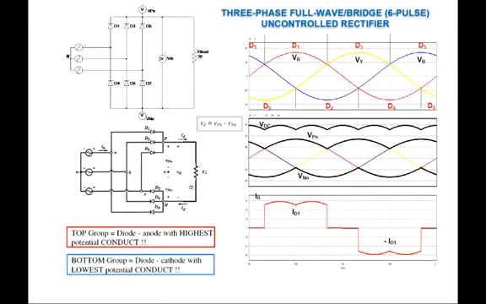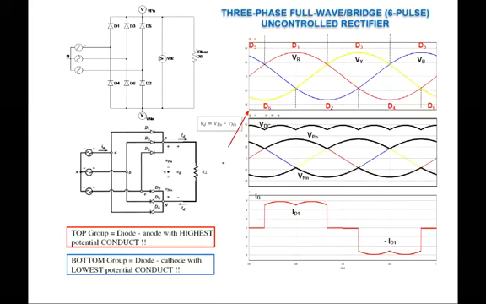Okay, so now let's look at the supply voltage. We have V red, V yellow, and V blue, the three-phase supply voltages, right? So now let's test our understanding. How can we apply these rules at any particular time? We start at 0 degree.